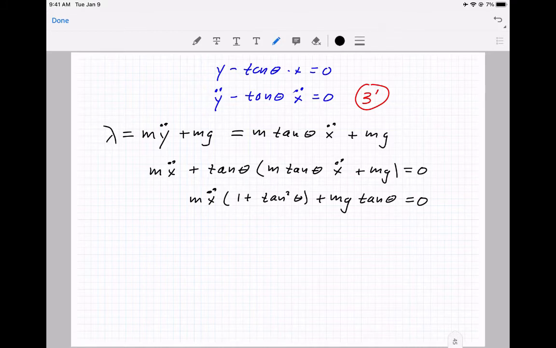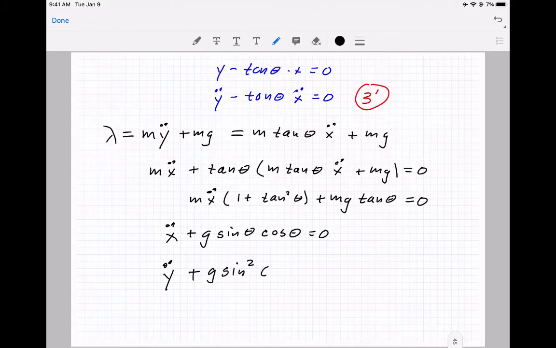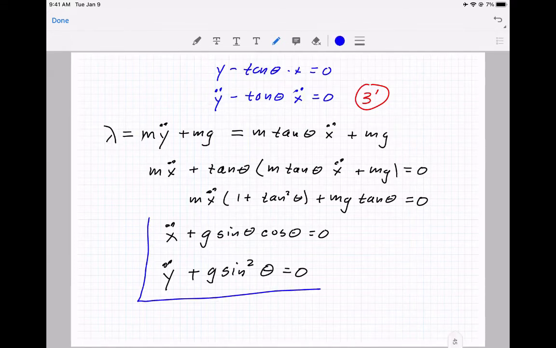And then finally, after a trig identity, this gives me x double dot plus g sine theta cosine theta equals 0. I'm going to do the same thing for y, and I get y double dot plus g times sine squared theta is equal to 0. So here are my equations for x double dot and y double dot.